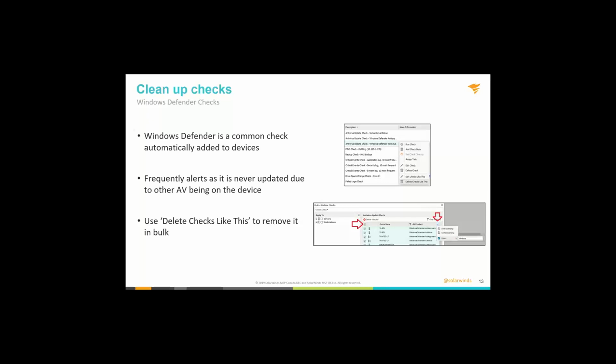If you've got antivirus across all of your machines and this Windows Defender check is always going off, it's going to be failing across all of your machines and causing a lot of unnecessary noise. So we want to clear this Windows Defender check, and I'll just show you how to do that now.